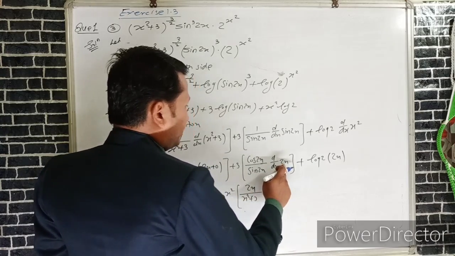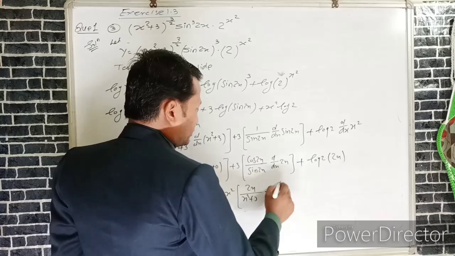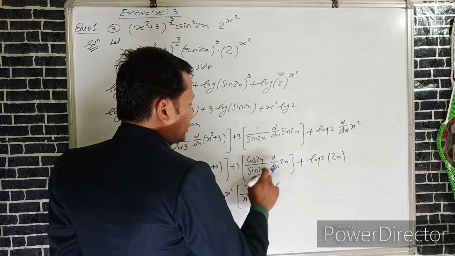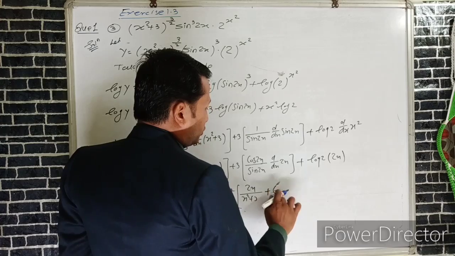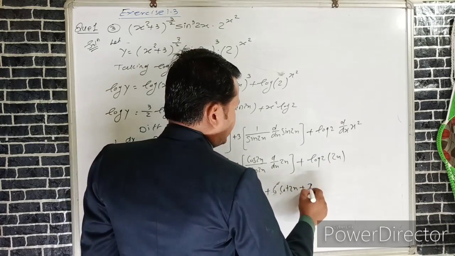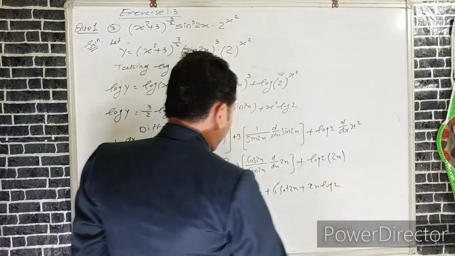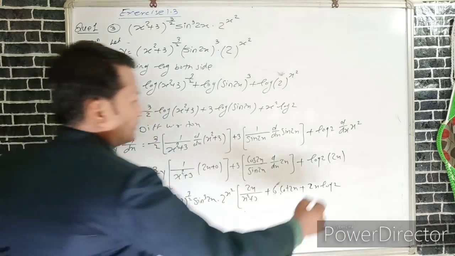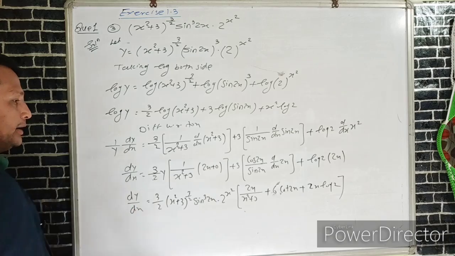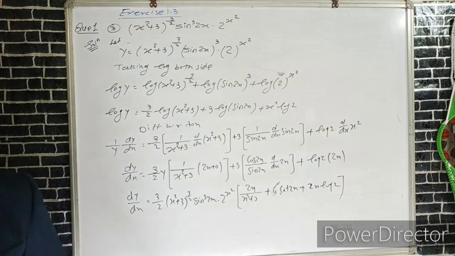Here the derivative of 2x is 2. 2 into 3 is 6, plus 6 into cos upon sine is cot 2x, plus 2x into log 2 as it is, which is the required derivative of y, dy upon dx.